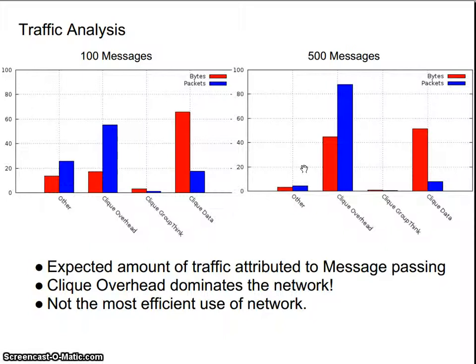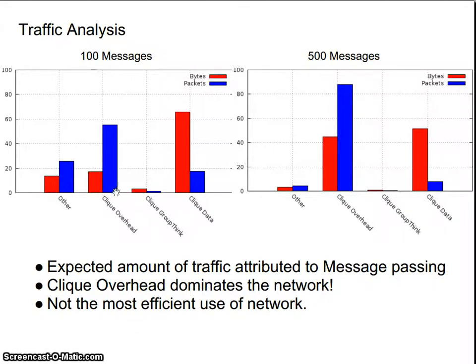One problem we have identified so far in our solution is that the use of Telepathy Salut introduces significant overhead. You can see this Clique overhead labeled on the graph. The column on the right represents our actual data, the messages that people in the system have created. As you'd expect, the red bar shows that much of the data being transmitted in this network is the data people have produced.